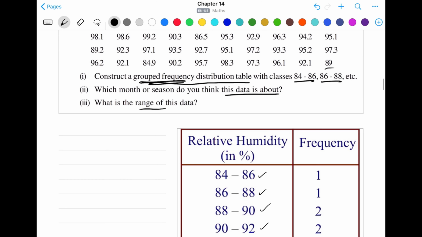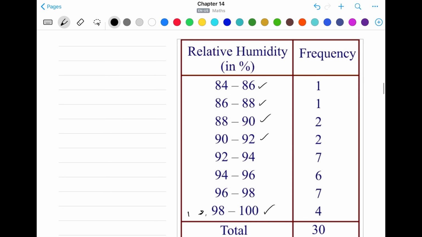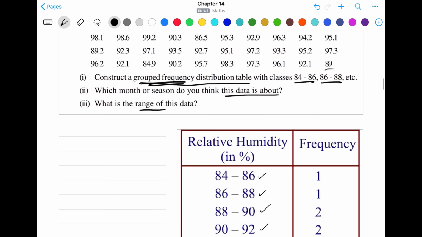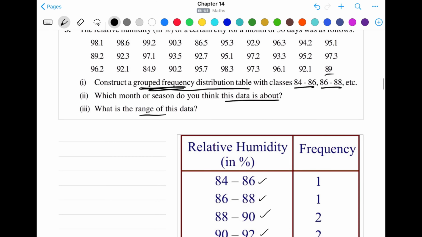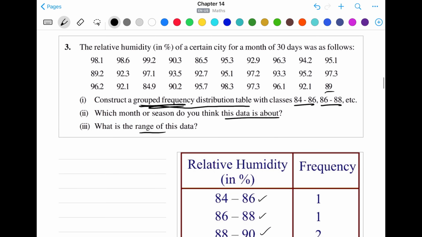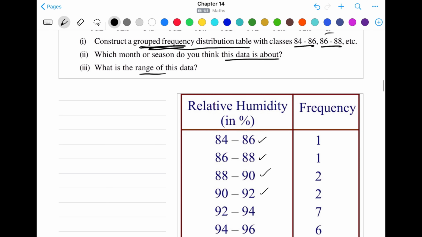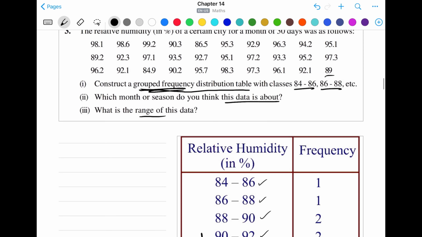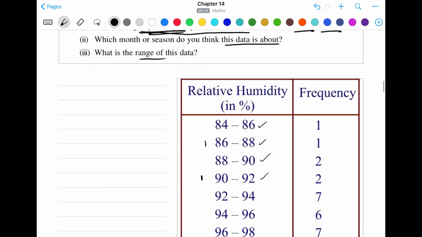Next we have 98.2, so we will mark a tally mark here also. Third is 99.2, which will also be in this interval, so we have the first three in this same interval. Next we have 90.3, which will come here, so we got one tally mark here. Next is 86.5, which will come in this interval. You have to keep on going like this.